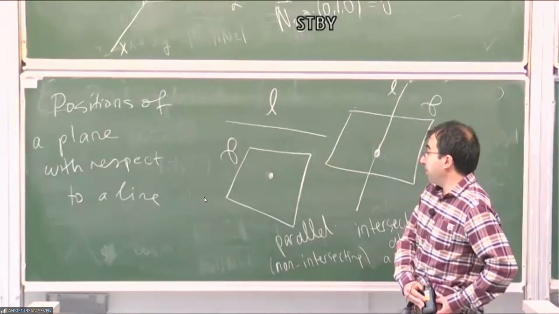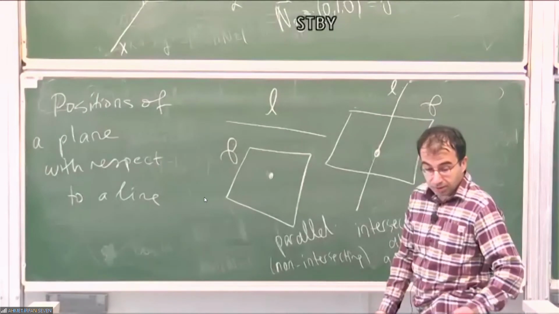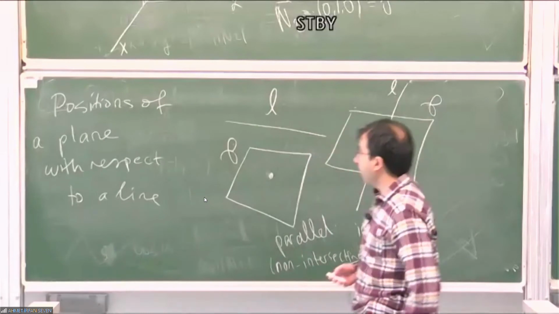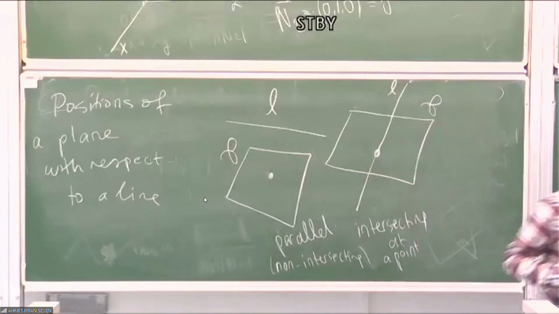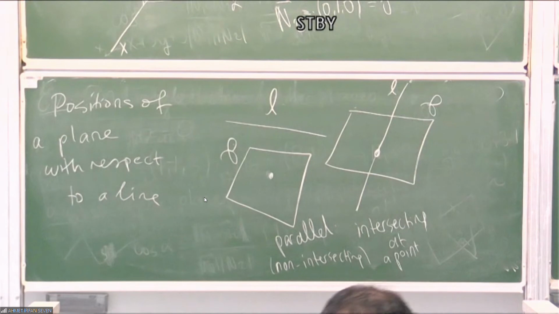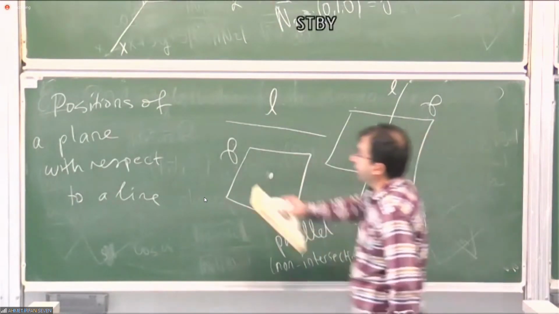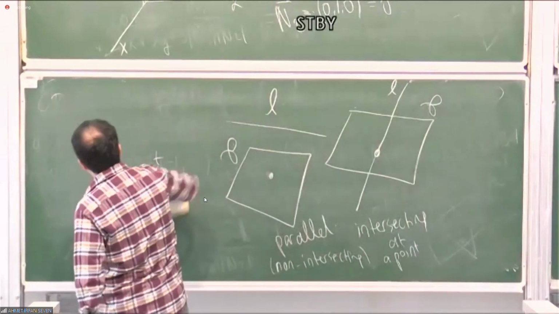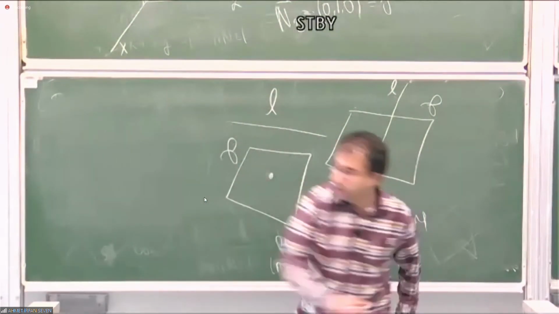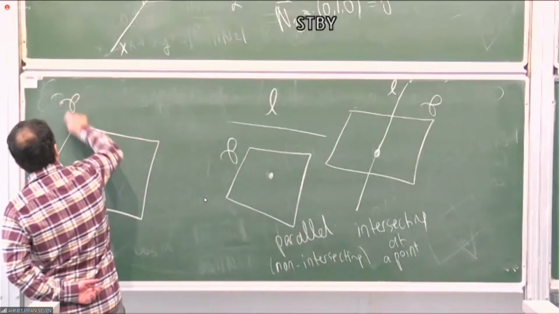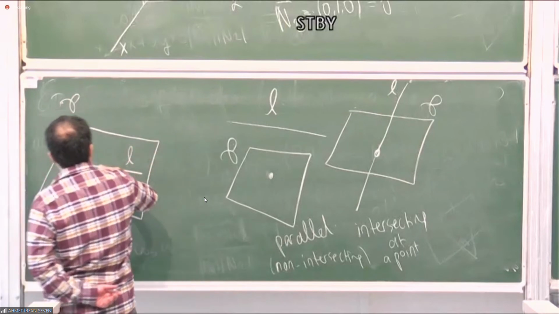So I want to say positions of a plane with respect to a line. So there is one more. Okay, these two possible, but there is one more possibility, that the line could be inside the plane.